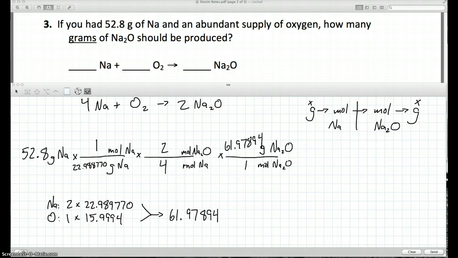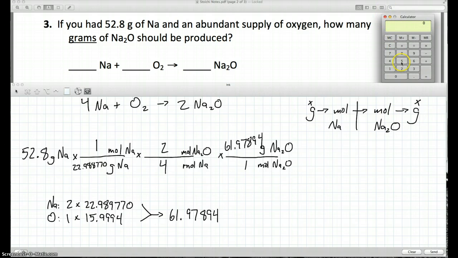If I can find my calculator, there it is. So 52.8 times the top number, that's a 1, so I can skip it, divided by, since it's on the bottom, 22.989770 times 2, because it's on top, divided by 4, because it's on the bottom, and times 61.97894 equals that.